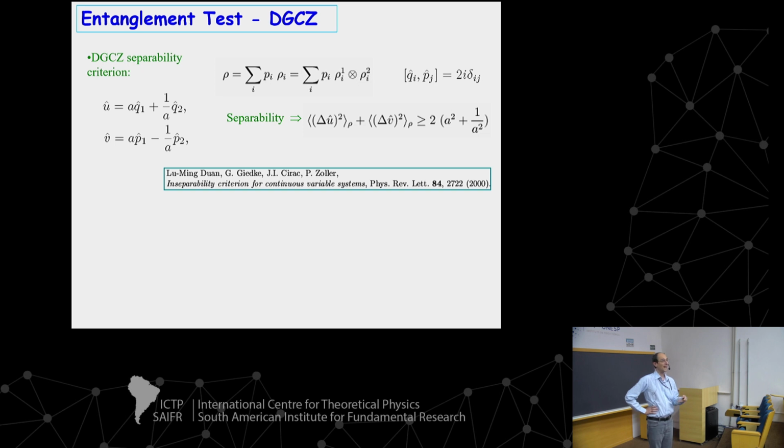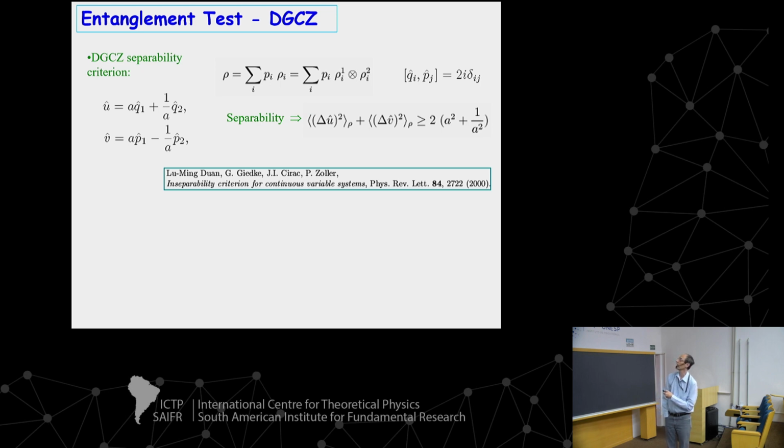Another one, go back to those variables, combining X and P quadratures on both sides. That's the Duan, Giedke, Cirac, and Zoller criterion that looks at a linear combination of Q and P quadratures on both sides.